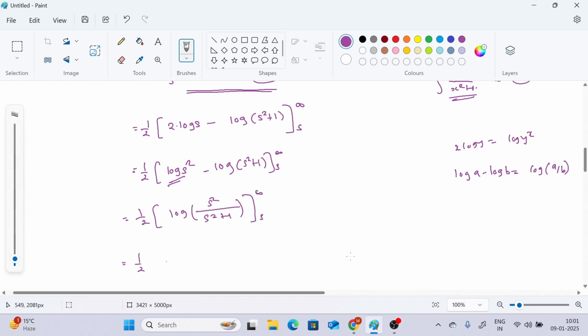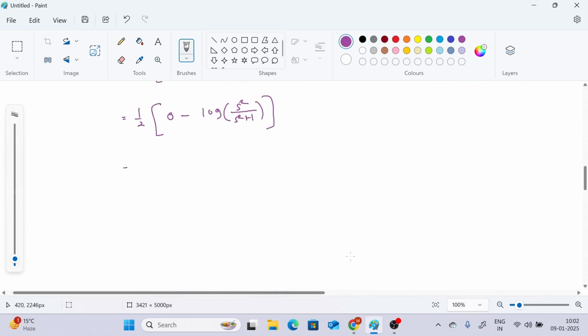If I put the limit value here, log of infinity square upon infinity square plus 1, anything infinity will be infinity, and this infinity upon this infinity will be 1. Log of 1 will be 0, minus log of s square upon s square plus 1. Simple.